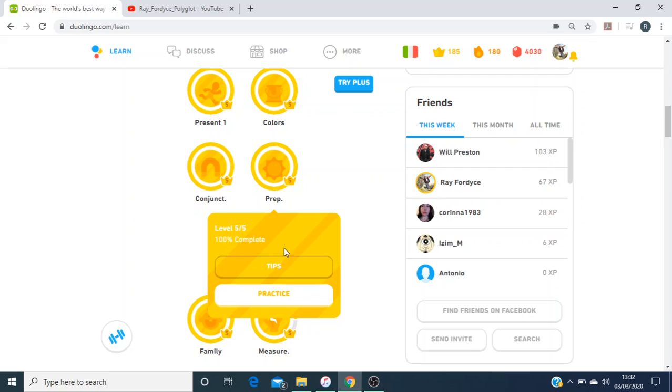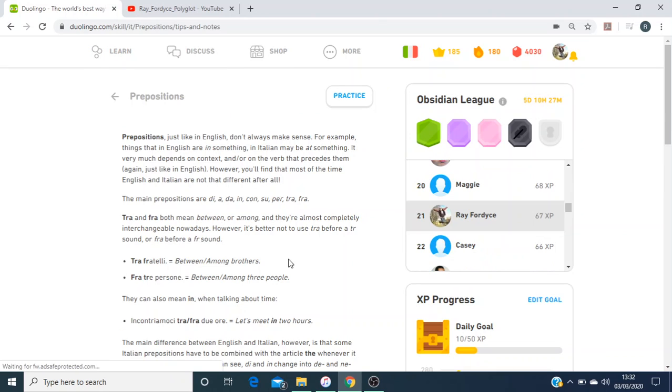So prepositions, let's see if there's some good tips on this one, because the prepositions are quite a big thing in most languages. Prepositions, just like in English, don't always make sense. For example, things that in English are in something, in Italian may be at something.